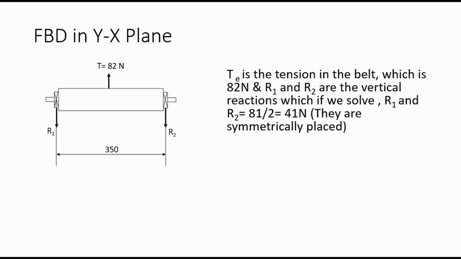If we solve, we will get values of R1 and R2 as R1 equals 82 by 2 equals R2 equals 41 Newton. Now we will calculate the resultant bending moment and resultant load.